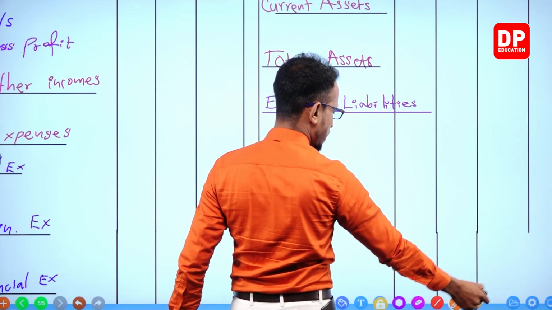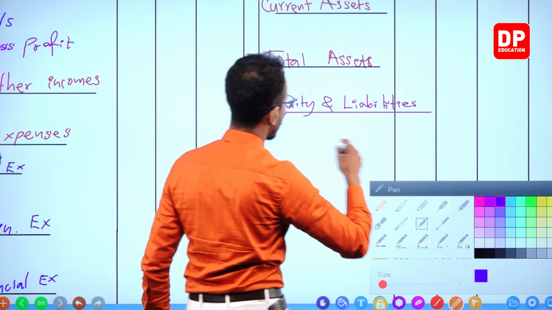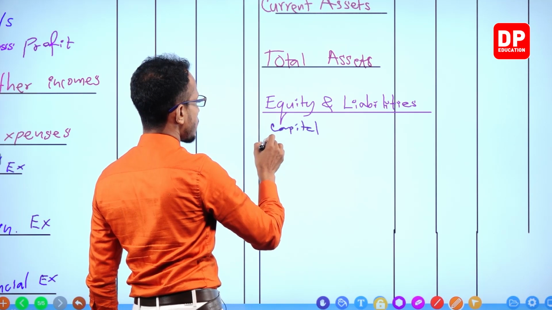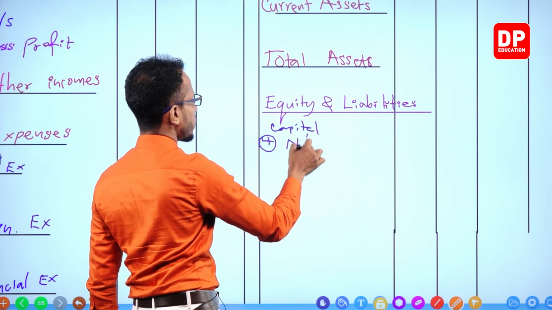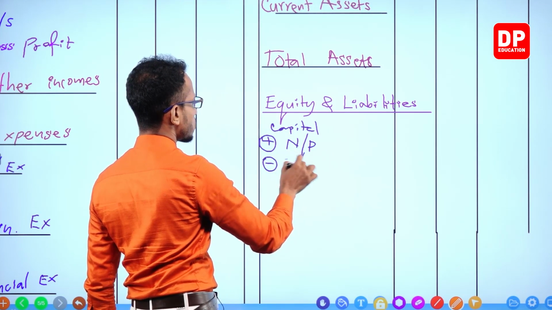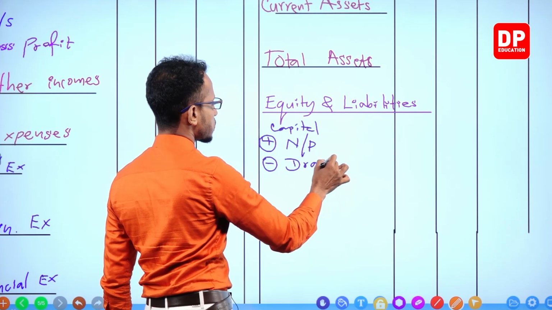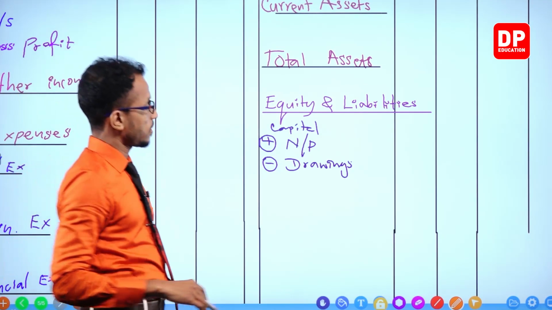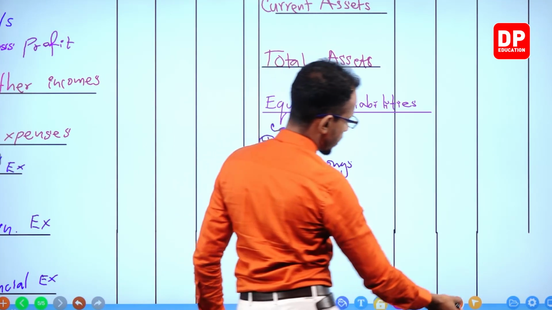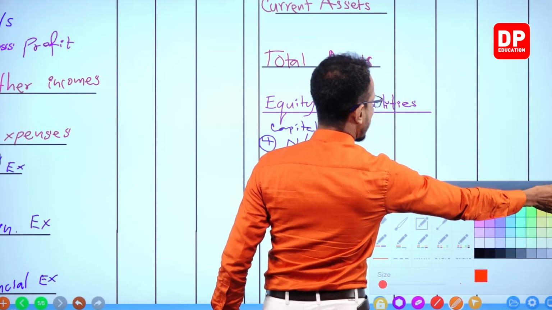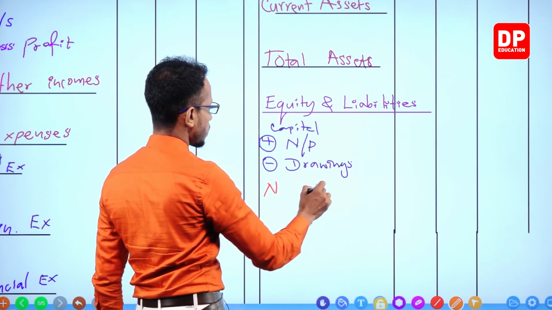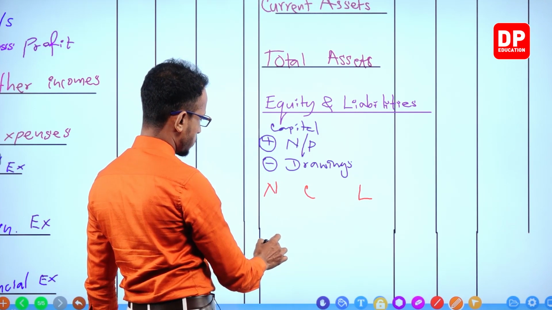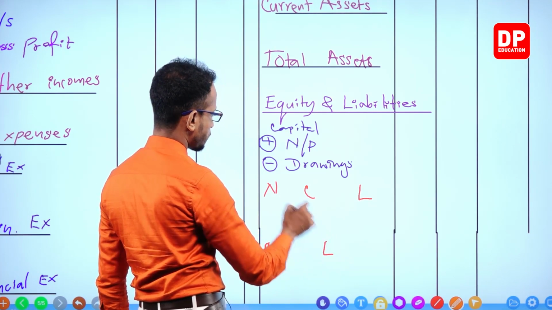Under that we get capital plus net profit minus drawings. Finally, at the bottom we get non-current liabilities, then current liabilities.